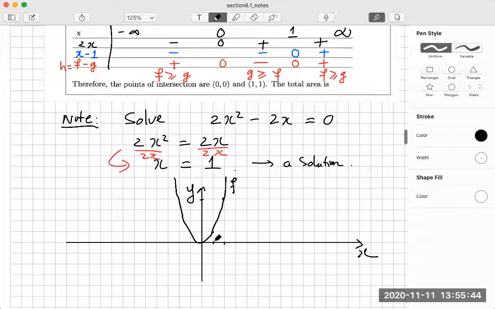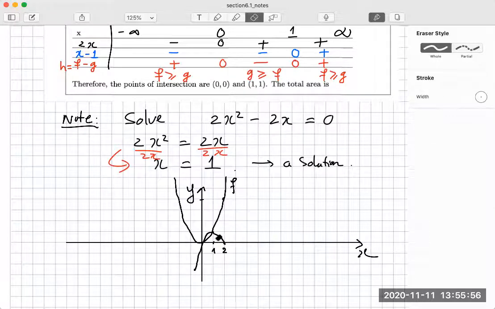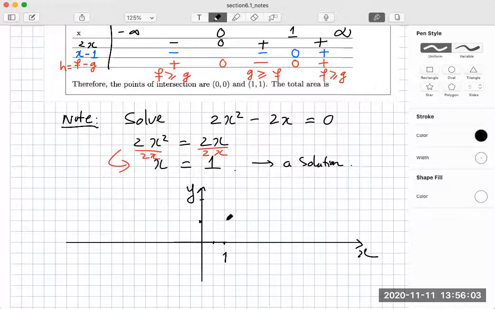So if this is 1, this is 2, then here the graph, let me draw a bigger graph. You see it better. Sorry about this. If this is 1, then this is 2. This is x squared for the function f.